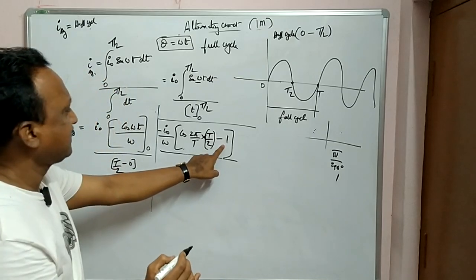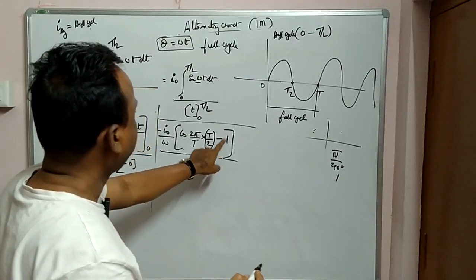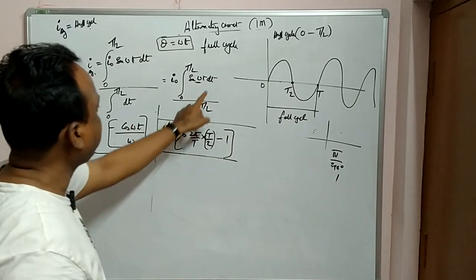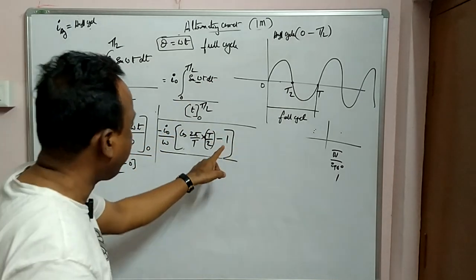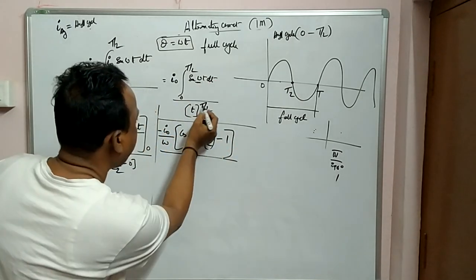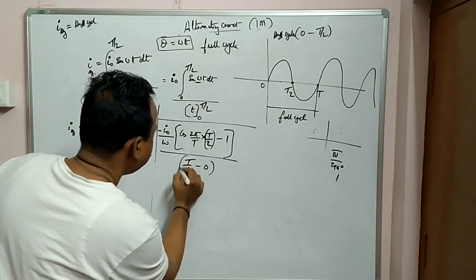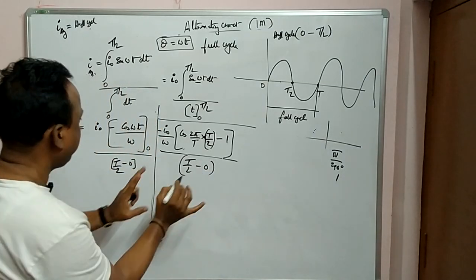Again here the lower limit is 0, so putting 0 in the t plus, cos 0 is 1 here. And down, what will happen? Upper limit t by 2 minus 0. Up to here clear?